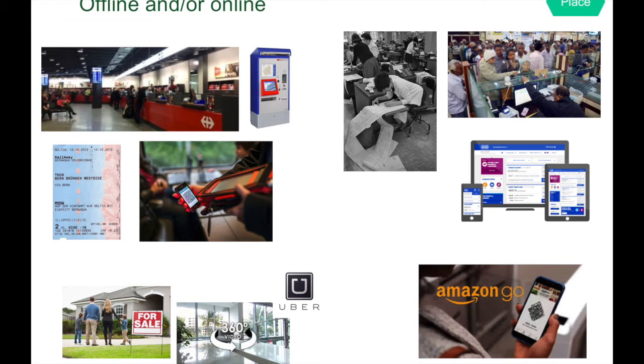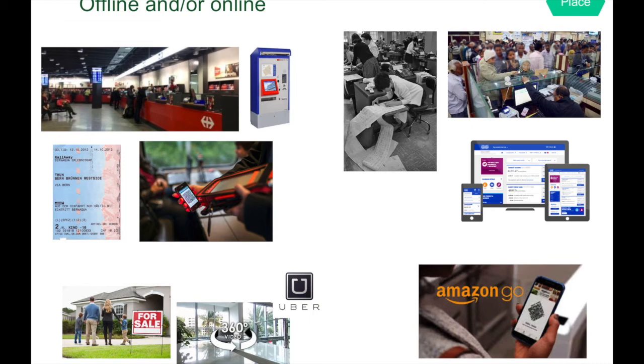There are some businesses that are believed to be offline only. One of them would be on the lower left side, the real estate market. Currently, the real estate market is believed to be, not exclusively, of course, there are portals, there are pictures, there are search engines for houses, for real estate, for rent.